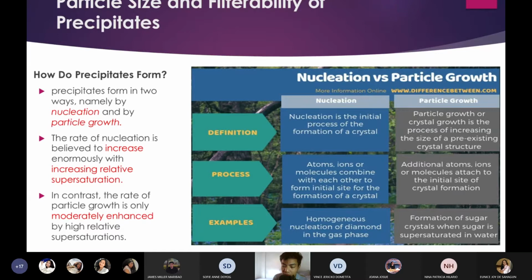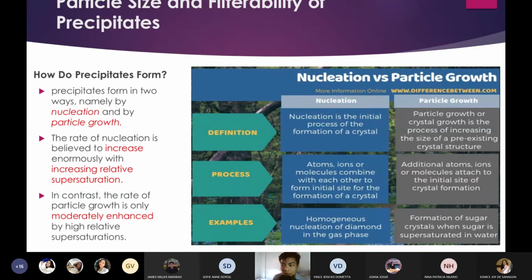For particle growth naman, ito ang nangyayari dito is hiwa-hiwalay yung formation ng nucleus, no? So kanya-kanya, kalat-kalat sila. So ibig sabihin nun, hindi ganun ka-ordered yung ating precipitate dyan. So mabilis siya masira. So one example will be yung sugar, no?